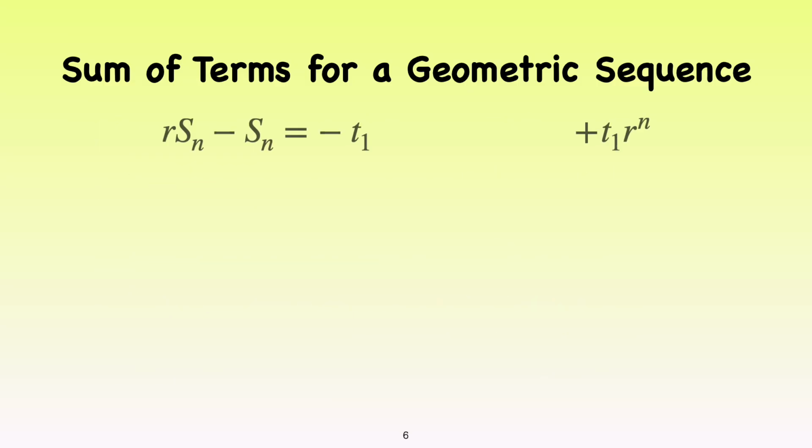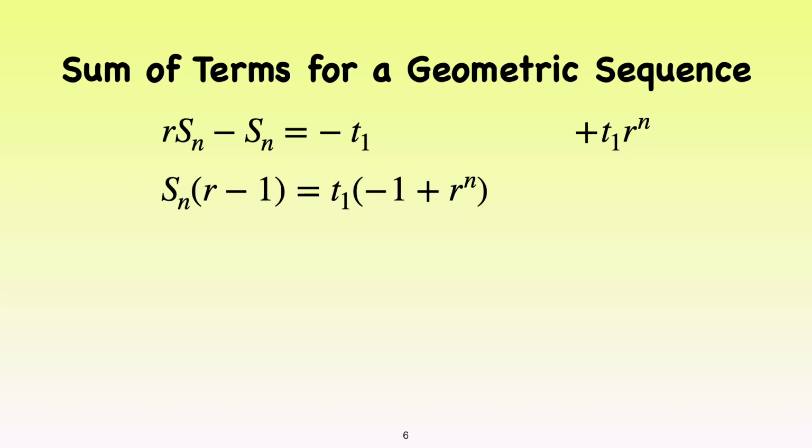Okay, we were here with those 2 terms spread way far apart. This was the last line from the bottom of the previous slide. The left-hand side of the equation has an s sub n in 2 terms, and we can factor that out of that side. And the right hand doesn't need the space between the terms anymore. And since t sub 1 is in both of those terms, we're going to factor that out as well.